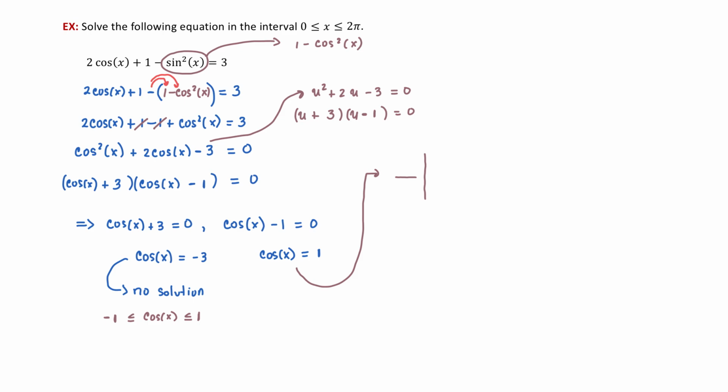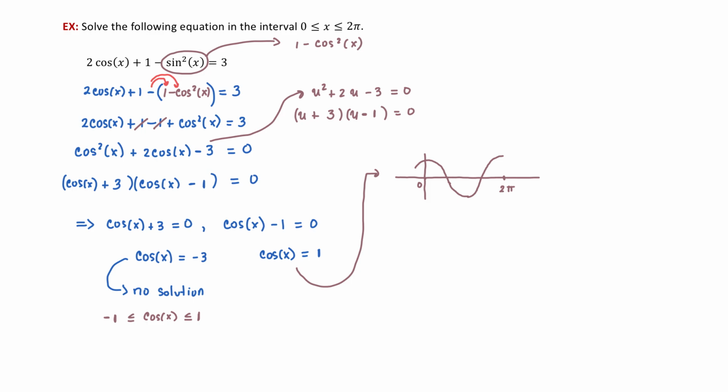And then for this one, cosine x equals 1, well, you can use the unit circle, or you can use the sinusoid, the graph of the parent function for cosine. I'm going to use the graph here just to practice with graphs a little bit more. So this is one cycle that goes from 0 all the way to 2 pi. And I want you to notice that cosine of x is equal to 1 right here at 0 and at 2 pi.